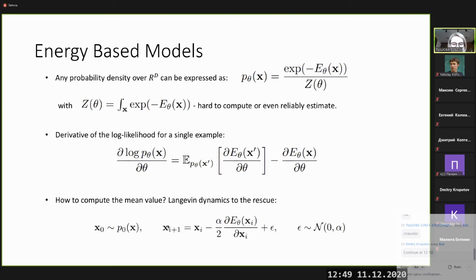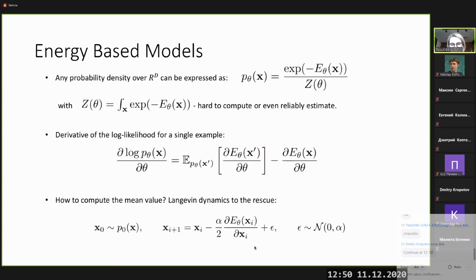The next x is the previous x minus the gradient of the energy function multiplied by some scalar alpha over 2 and some stochasticity added into the computation of x.